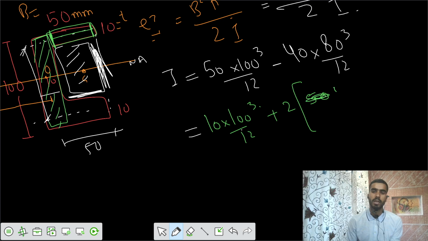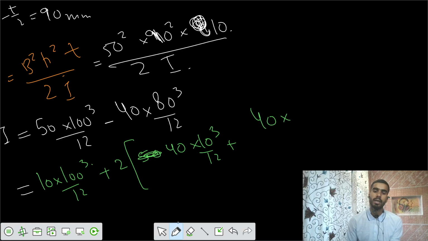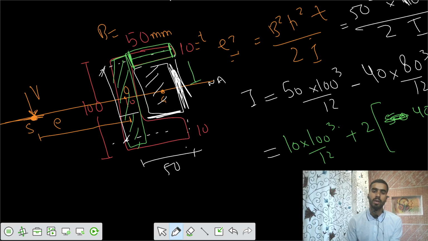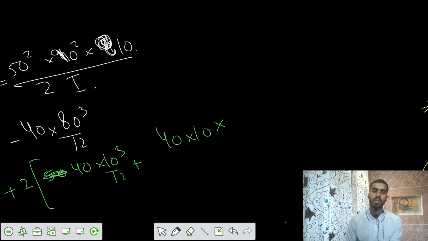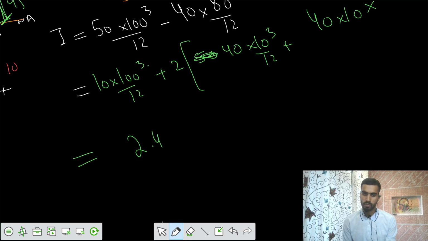So we write 40 into 10 cube by 12, plus area into d square. What is the value of d from the neutral axis? The value of d up to the neutral axis would be h by 2. That's 45 square. So you can get the same value, equal to 2.46 times 10 to the power 6 mm to the power 4.